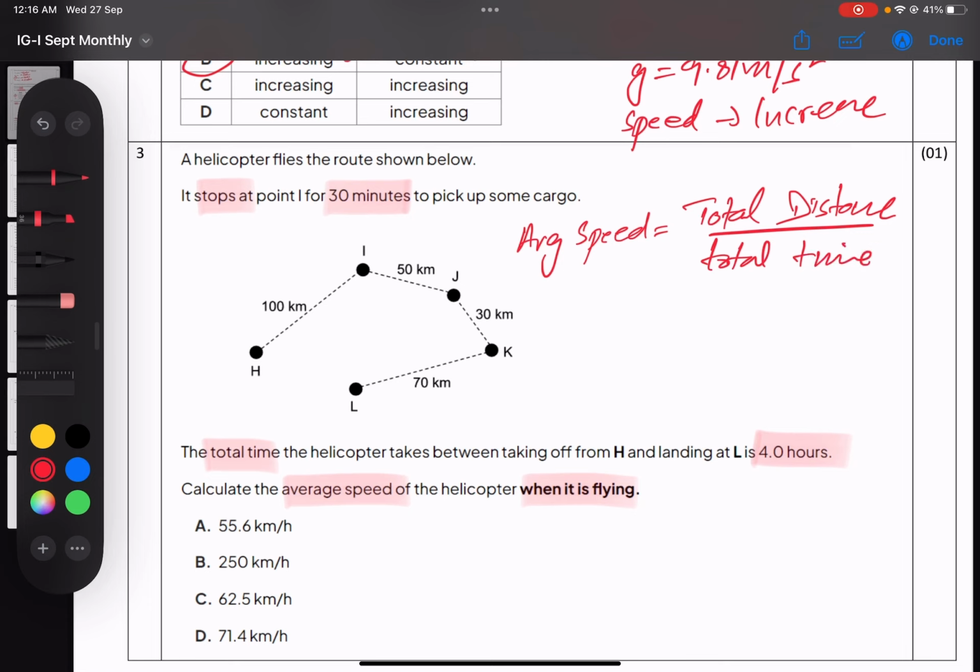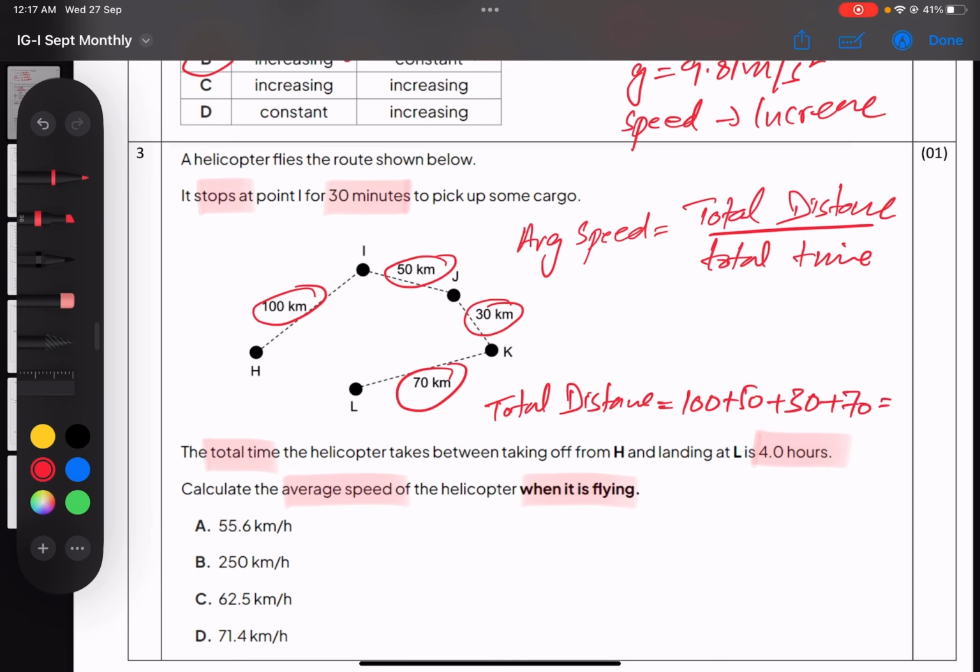Total distance will be 100 plus 50 plus 30 plus 70, that will give you 250 kilometer.